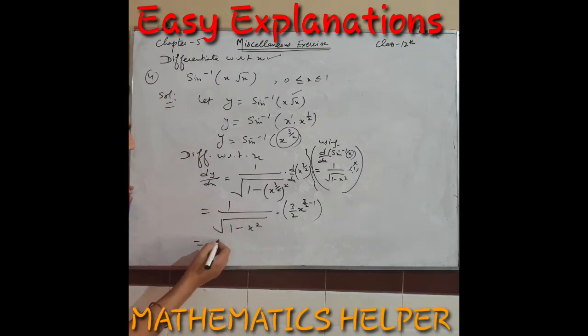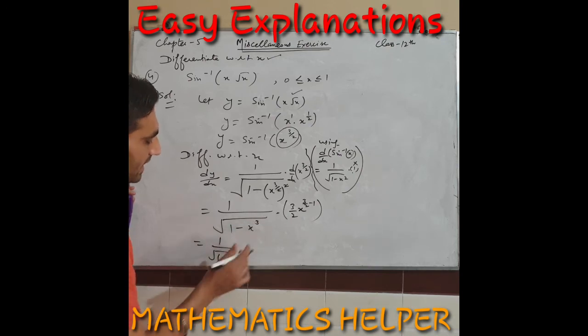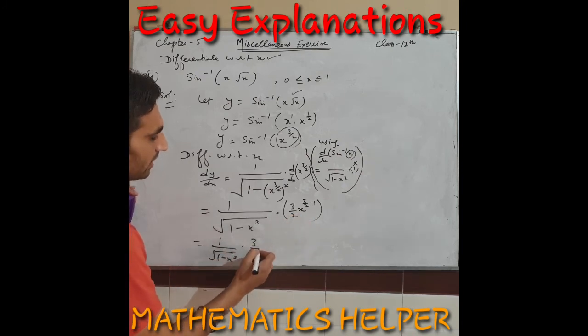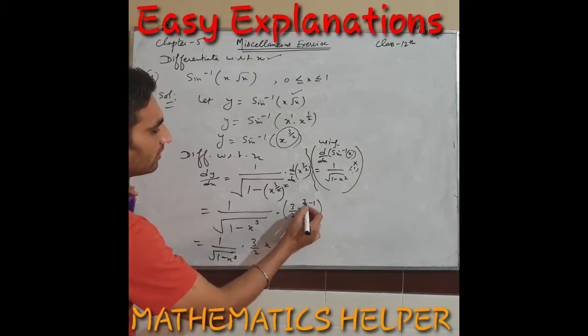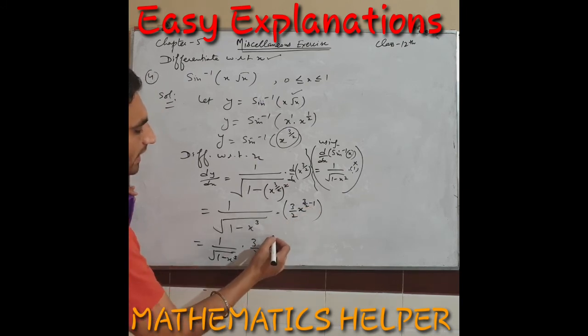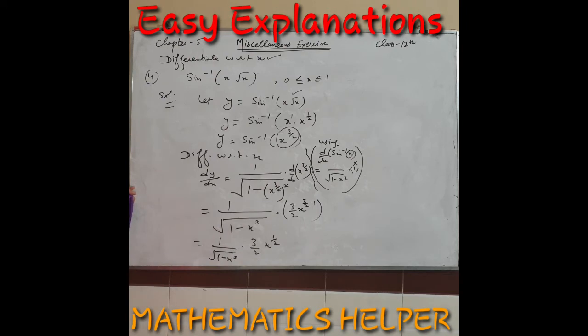Now it is 1 over square root of 1 minus x square, same value. x raised to power 3, I marked it wrongly, it is x cube. And what about this? 3 over 2 x raised to power 3 over 2 minus 1. 1.5 minus 1 is 0.5, or 1 over 2. The power 1 over 2 is left.